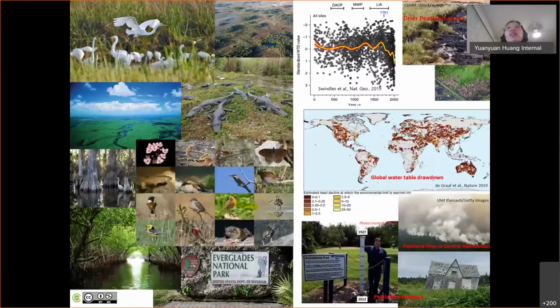So I'm really a big fan of peatland or wetland in general. I spent several years in Florida. We have the Everglades National Park. It's a 1.5 million acre preserved wetlands.